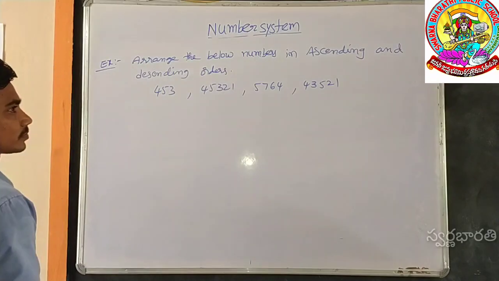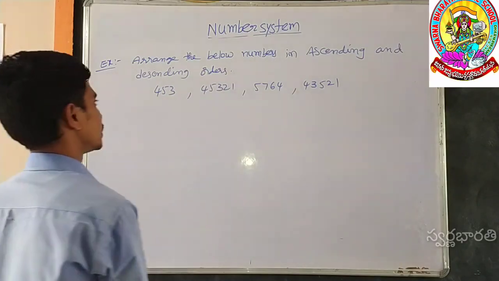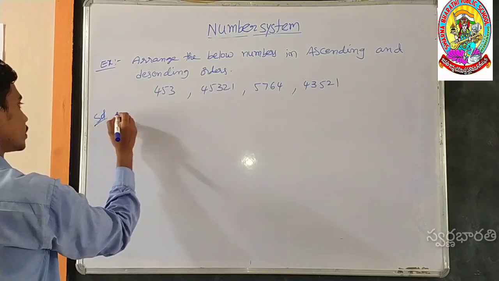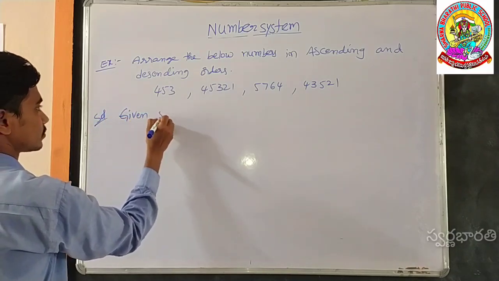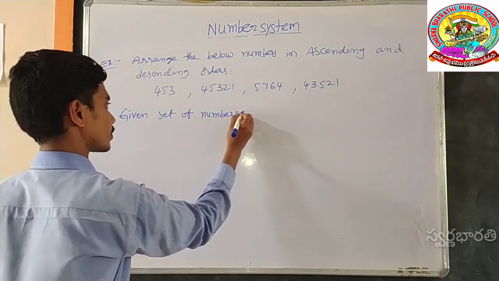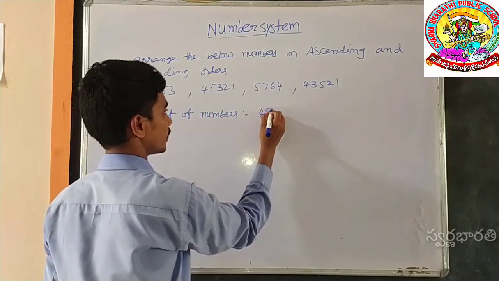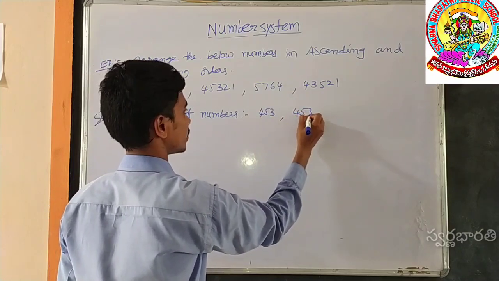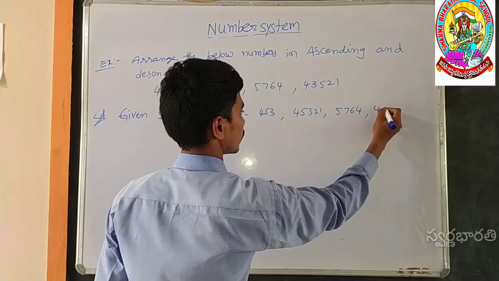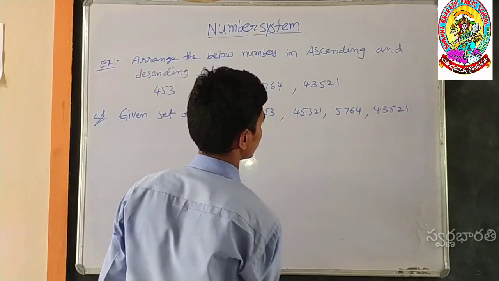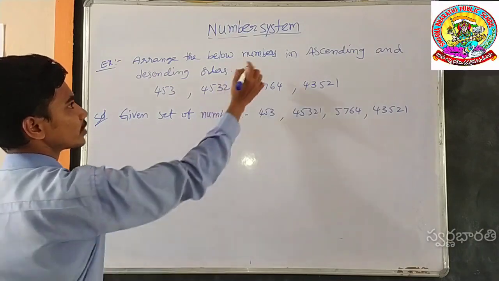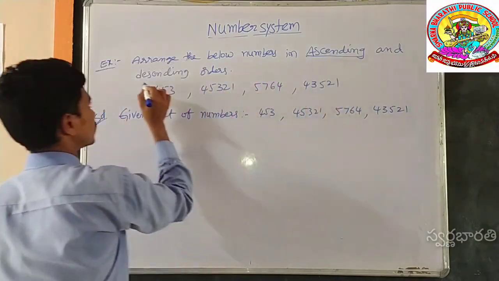These are the numbers. Now try to arrange these numbers in ascending order. First, the solution. The given set of numbers: 453 is given, 55321 is given, 5764 is given, 43521 is given. We want to arrange this set in ascending order and descending order.